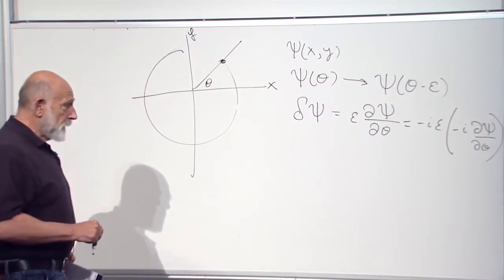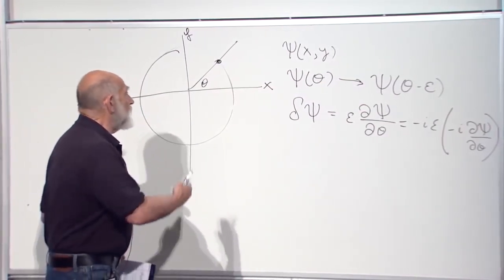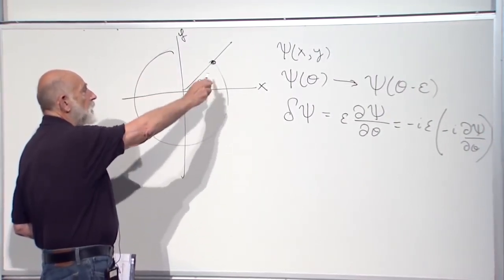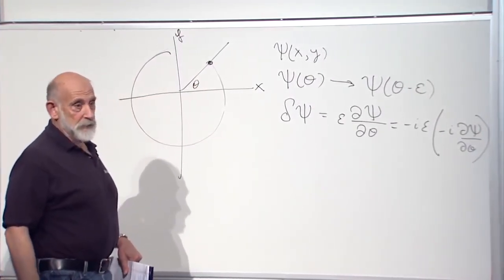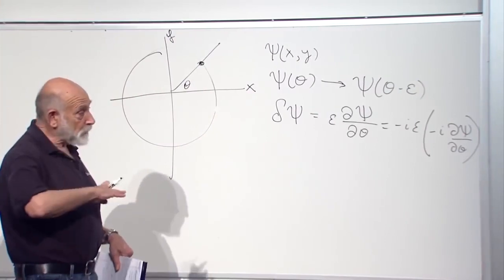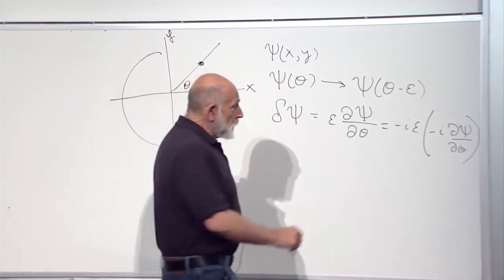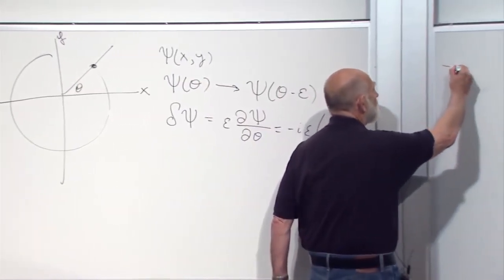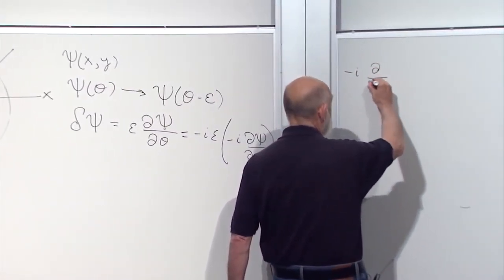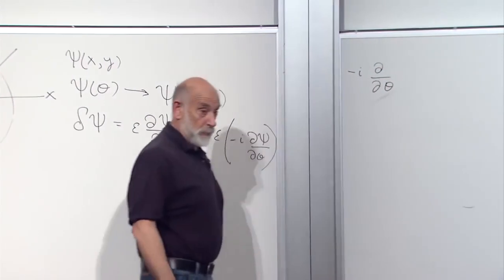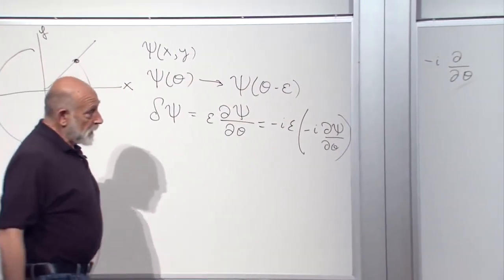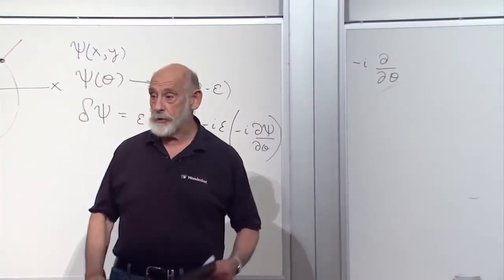Angular momentum is basically the same as momentum, except the coordinate is angle instead of linear position. The operator minus i d by d theta is a linear operator. It's a Hermitian operator. The i is there to make it Hermitian. Without the i, it would not be Hermitian.